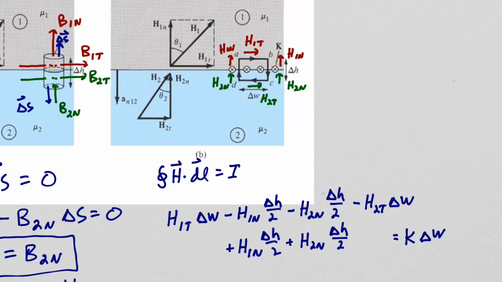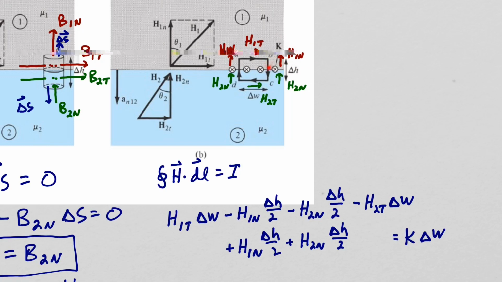When we integrate from A to B, we'll get H sub 1 tangential times delta W. When we integrate from B to the interface, we'll get minus H sub 1 normal times delta H over 2. And the minus sign is because our defined H sub 1 is in the opposite direction of our integration.